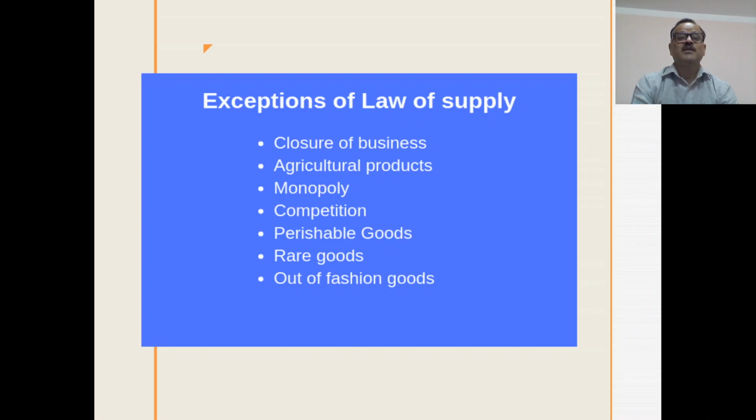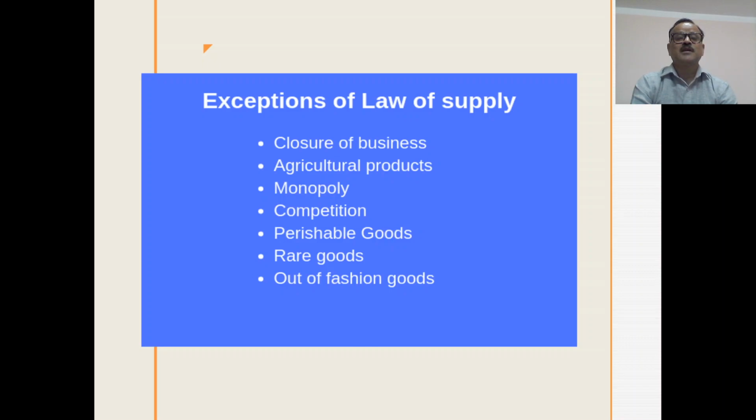And monopoly: the law of supply does not work because a monopoly determines the price and quantity according to its own plan. Competition: if there is severe competition, the law of supply does not work. High price and high supply cannot be found in severe competition in the market.